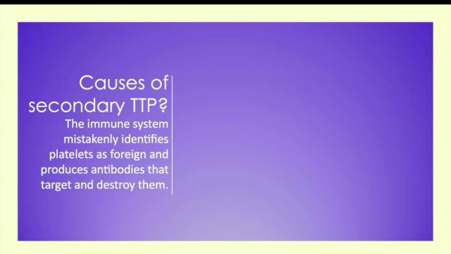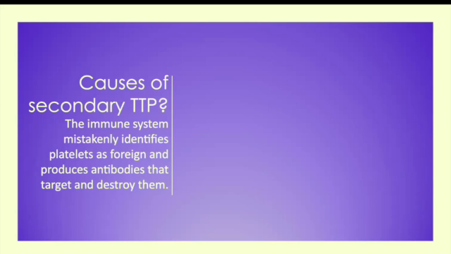So that is secondary TTP, and it is also known as immune thrombocytopenia, ITP, and it is also an autoimmune disorder characterized by low platelet count, that thrombocytopenia caused by the destruction of platelets by the immune system itself.